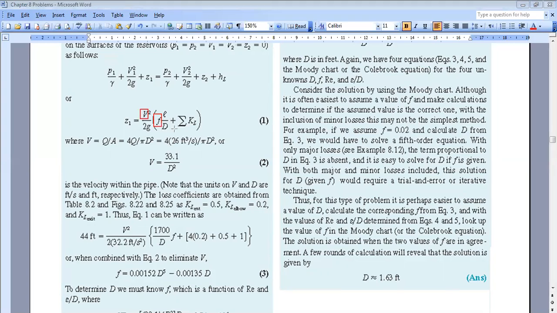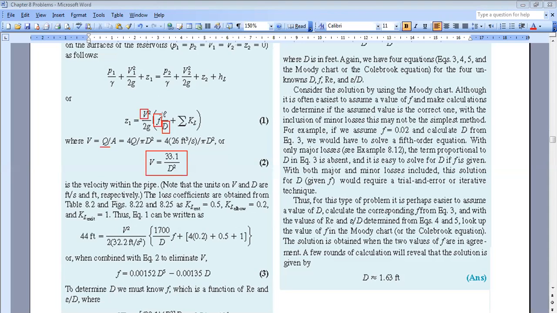Three unknowns in the energy equation, so I need other equations to close my system. I start by using the flow rate, Q, which is V times A. Since Q is given, I can relate V to D. So from the volumetric flow rate, I find a relation between V and D. But still, I have until now 3 unknowns and only 2 equations.